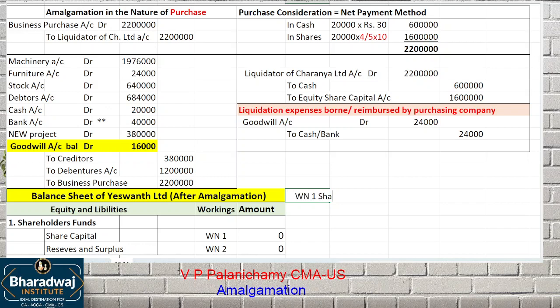Working note 1. Share capital. Share capital of Yashwant Limited is already given in the balance sheet. What is the share capital of Yashwant Limited? 60 lakhs. Add purchase consideration given in shares, this 16 lakhs. So totally will be called as share capital.